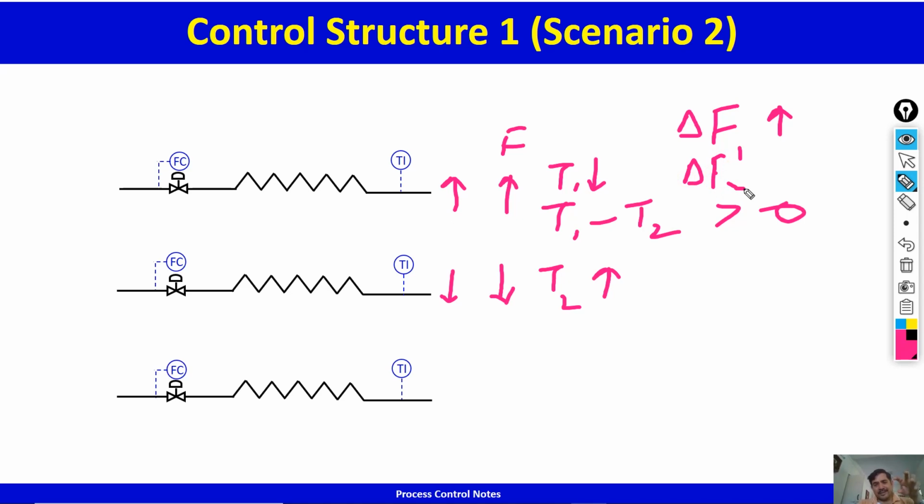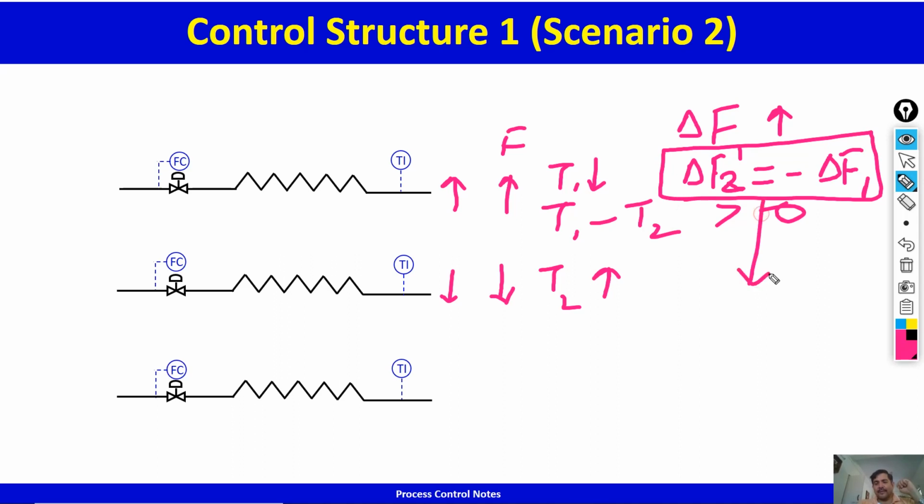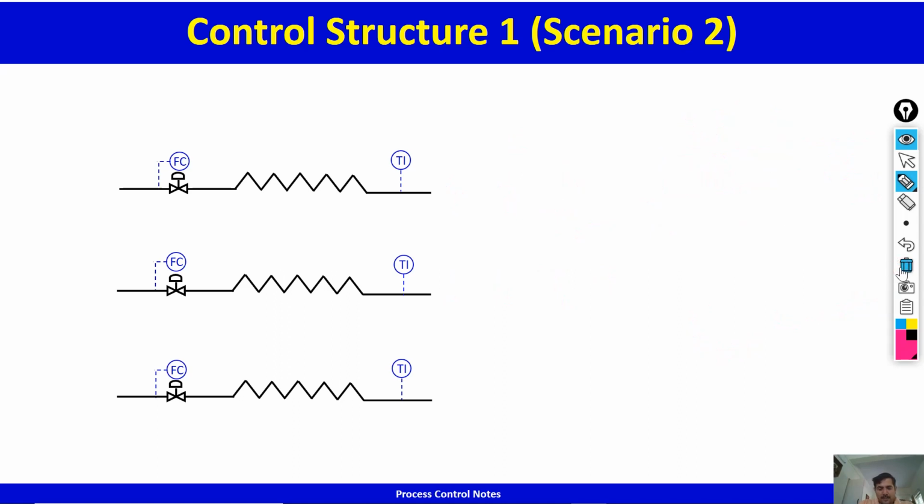You decrease it by the same amount as you have increased F1, and by imposing this constraint, F tot remains constant. So total flow doesn't change, and T1 and T2 are brought towards each other so that T1 is equal to T2, or T1 minus T2 is 0. So this is the basic idea, and this basic idea is implemented as follows.